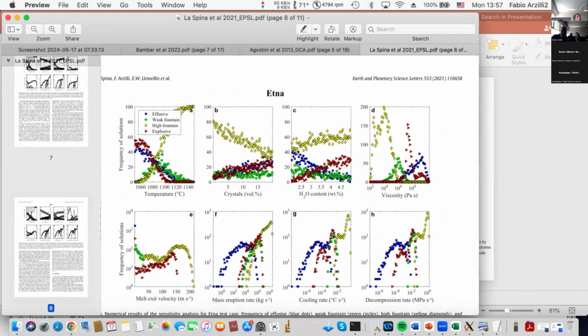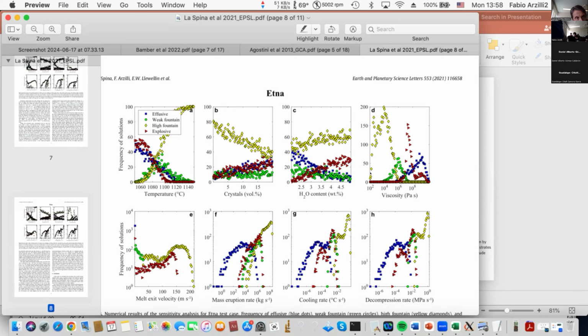These are more than 10,000 simulations with this model. And you see the output is the decompression rate, which in some way is associated with the ascent rate, and varying the variables, which solutions are effusive, the blue ones, which are highly explosive like Plinian, the red ones, and the green and yellow ones are the lava fountains.